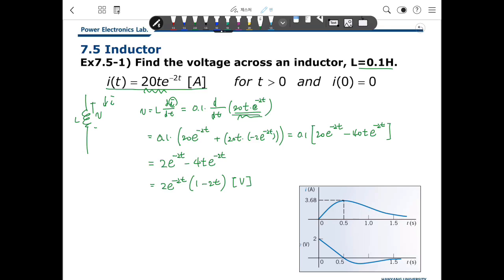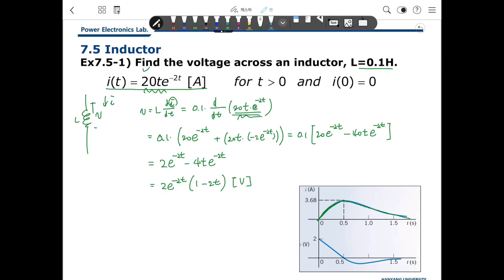So what's the meaning over here? When you draw this equation of the current, it looks like this. In this area the current is increased. That means the energy is stored in the inductance.